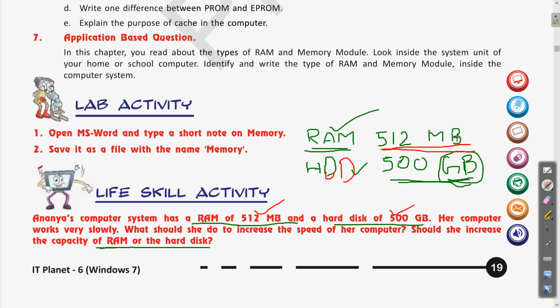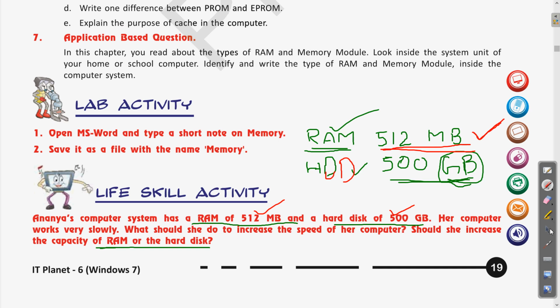We can increase the RAM. As we have seen on the motherboard, there are different slots for inserting the RAM, the memory module, so we can place more than one RAM. If it already has 512 MB RAM, you can insert more RAM. It may be 512 MB or 1 GB. Clear? The RAM comes in different sizes according to our use and requirement. We can increase the size of the RAM.